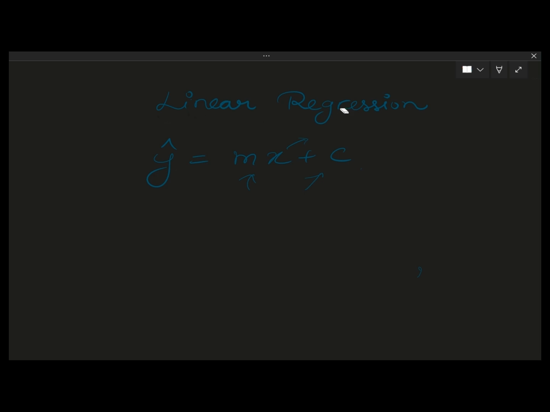Now let's talk about the linear regression function. The formula is y equals m times x plus c, where m is the weight and c is the bias. Sometimes we refer to c as b as well. In some texts it is written as b. Both mean the same. X is the feature, or you can call it the feature vector.